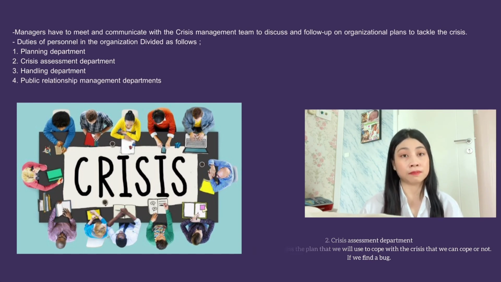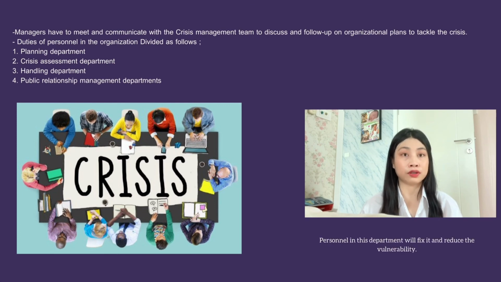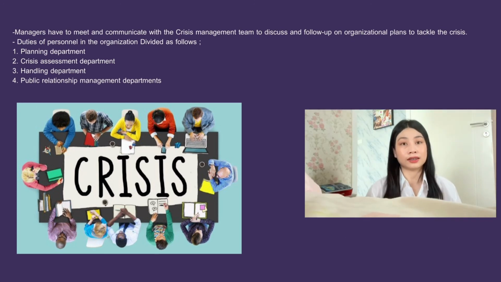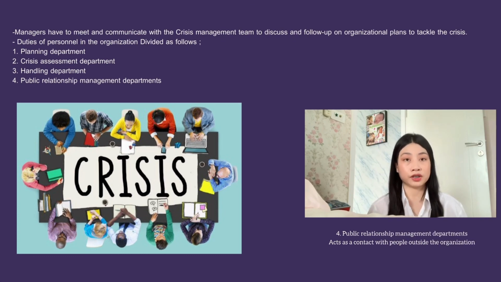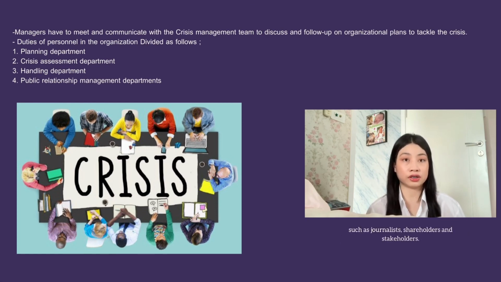If a bug is found, personnel in this department will fix it and reduce the vulnerability. 3. The handling department acts as a coping agent and fixes the crisis. The organization must train employees to be familiar with situations that may arise. 4. The public relations management department acts as a contact with people outside the organization such as journalists, shareholders, and stakeholders to make these people aware of the situation of the organization.